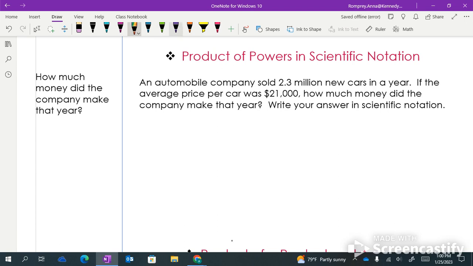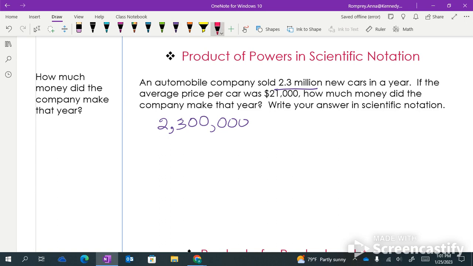So they sold 2.3 million. I don't know how to write that in scientific notation, so I need to write it in standard form first and then go to scientific. So 2.3 million is 2,300,000.